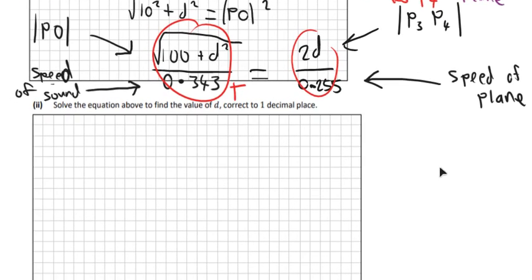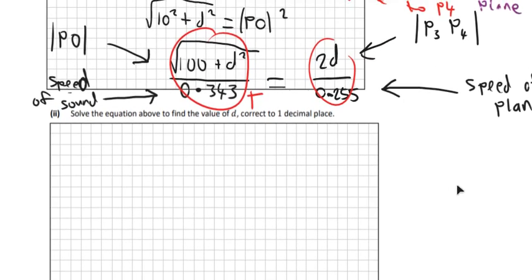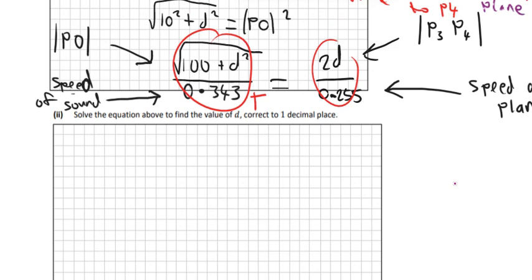Then the last bit of it is just solving the equation. So you can cross multiply there.